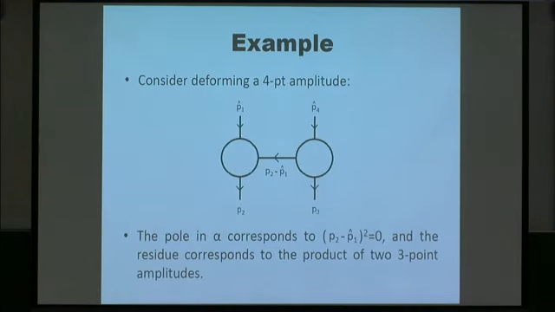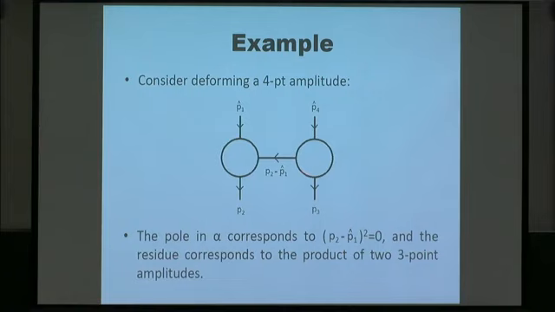So let me just illustrate this with a very, very simple example that I will return to several times throughout this talk. In this example, I'm going to consider a 4-point amplitude. So consider deforming legs 1 and 4 of this amplitude. As I said, we're considering a tree-level amplitude. It'll develop a pole in alpha, and at the location of this pole, an internal propagator will go on shell, and the amplitude will essentially factorize into two 3-point on-shell amplitudes.